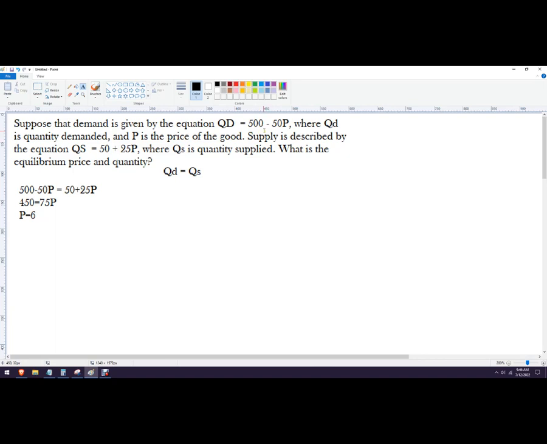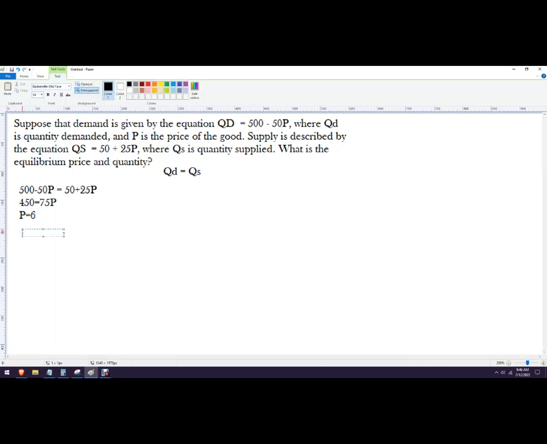Now I'm just going to plug that into here, so the quantity demanded when the price is 6 would be 500 minus 300. To set that up, we multiply 50 by 6, and that would be 300. So then the quantity demanded is 200. But if you didn't want to do it that way, you could ask what's the quantity supplied?